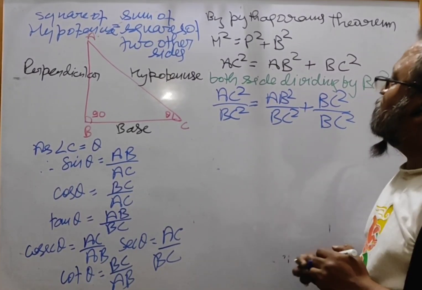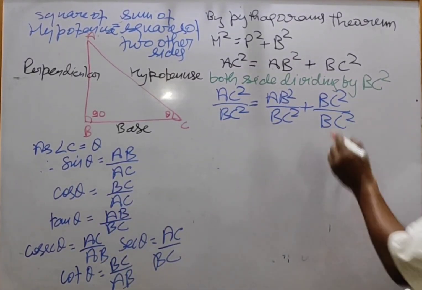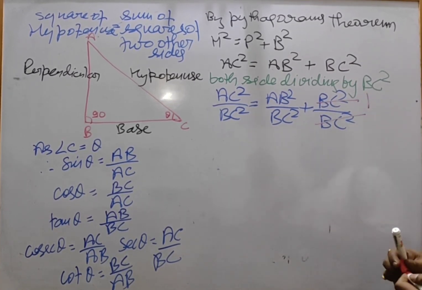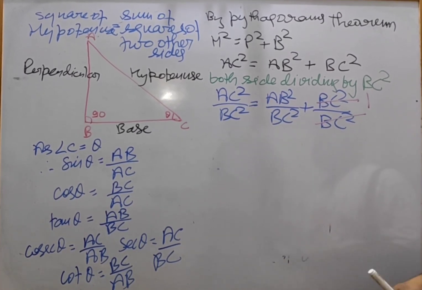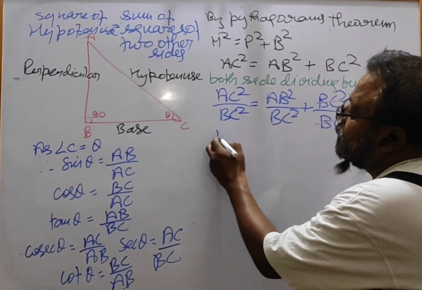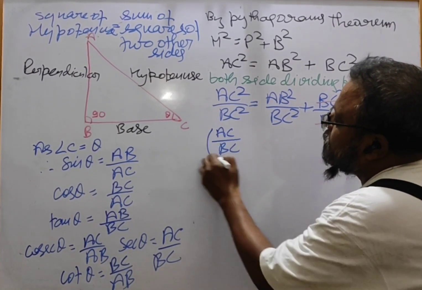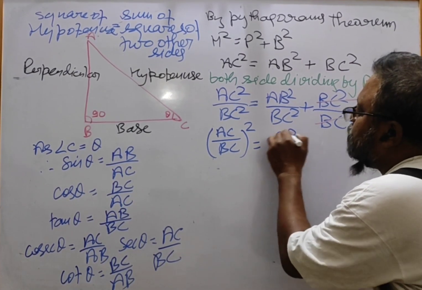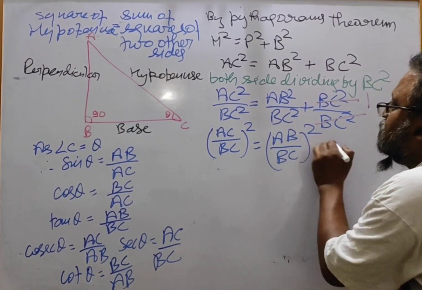Get it? Very good girl you are. So this is cancelled out. You get 1. Right? And now we can write AC upon BC whole square is equal to AB upon BC whole square plus 1.